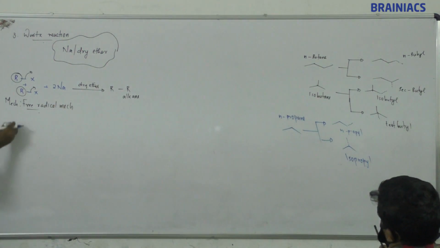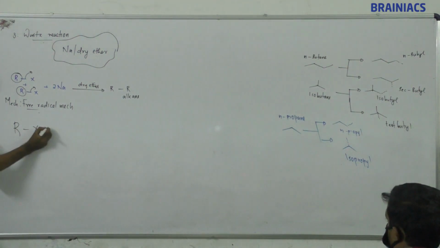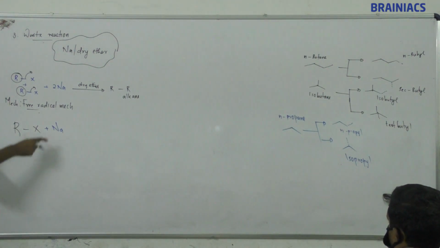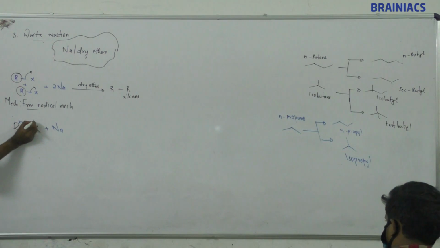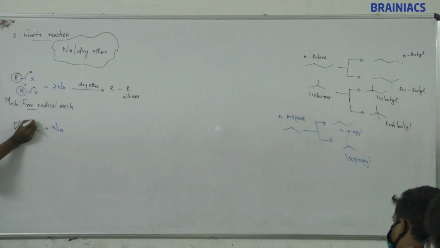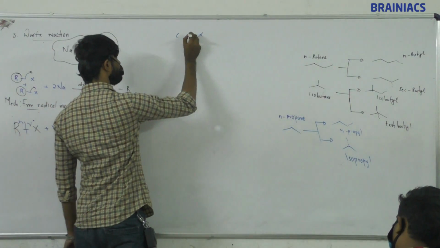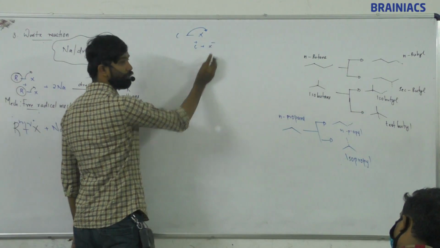Okay, listen, the mechanism is actually a free radical mechanism. That is, we have alkyl halide with the sodium. Ready? In presence of sodium, this bond may cleave by homolysis. Only in presence of what? Sodium. Okay. Normally, the carbon halogen bonds are cleaved like this, becoming C plus and X minus.